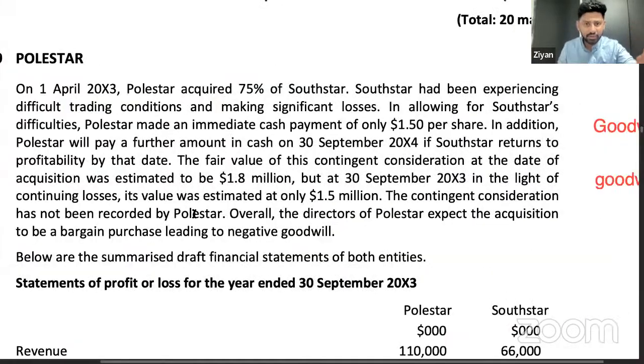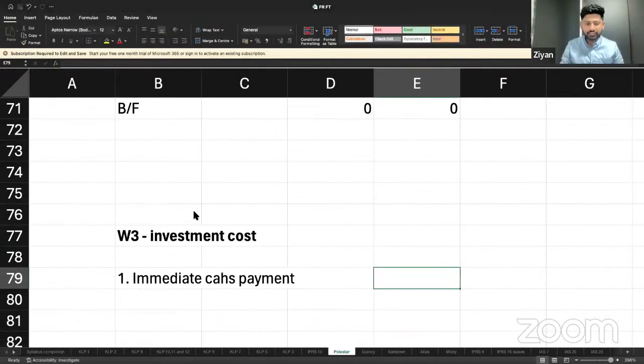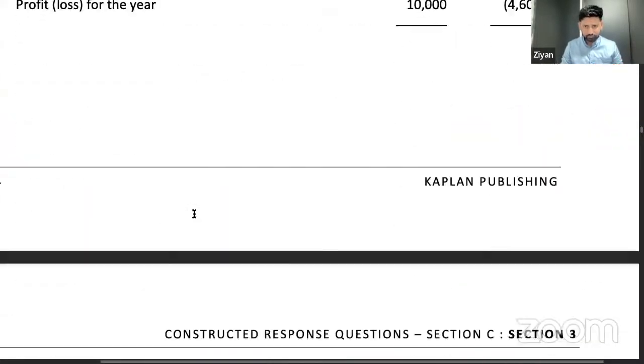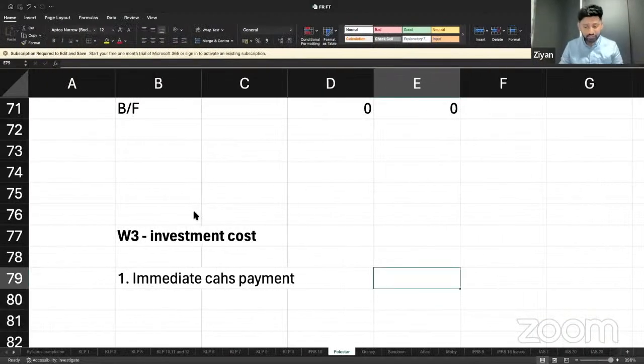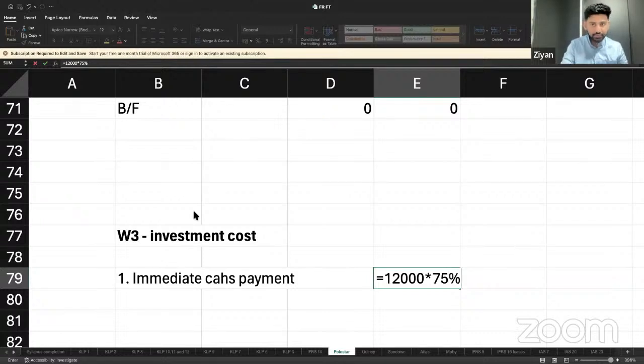Now, what is the immediate cash payment? They are paying 1.5 per share acquired. How many shares does a subsidiary have? A subsidiary has 12,000. How many percent are you acquiring? 75%. Okay, very simple in the exam. Equals 12,000 into 75% into 1.5.